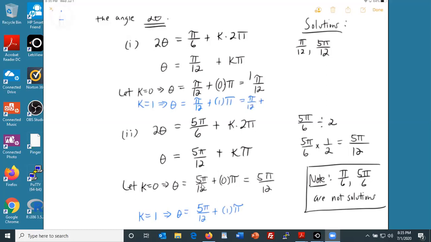But pi could be 12 pi over 12. So I have a common denominator, and that will add up to 13 pi over 12. And then down here, we'll have 5 pi over 12 plus 12 pi over 12. Remember, that's 1 pi, but I need a 12 so I can add these fractions. And then 5 plus 12 is 17 pi over 12.